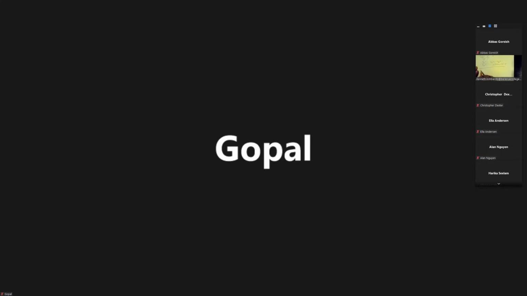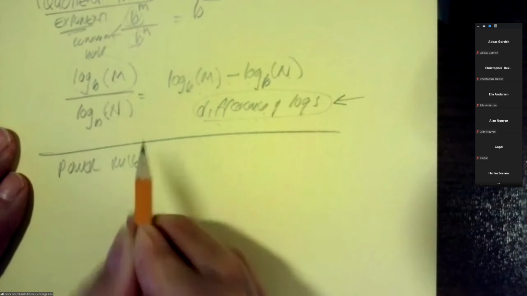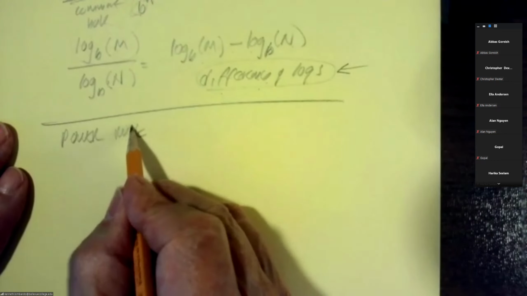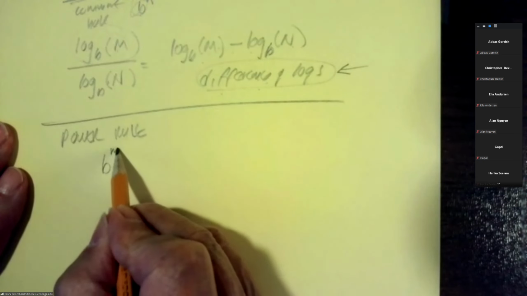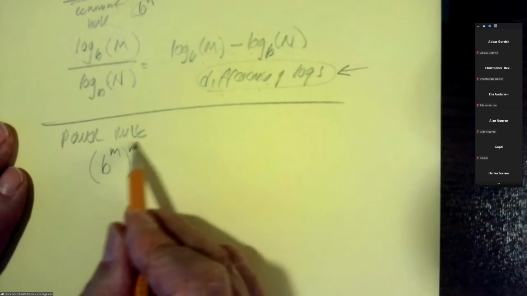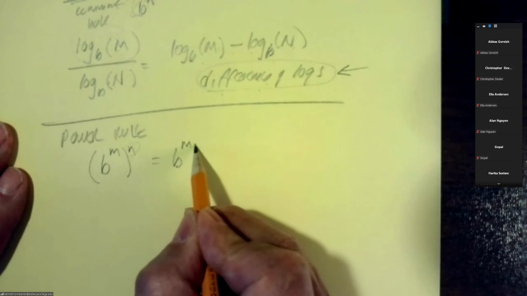Okay. We also have a power rule. And the power rule for exponents, we said, well, if we have some base to some power m, and we raise that to another power n, then we say that's base to the m times n.